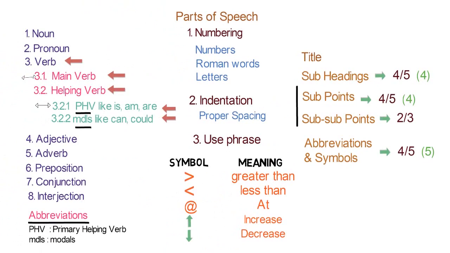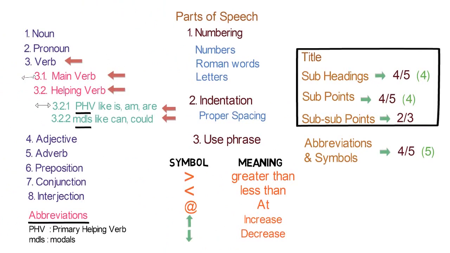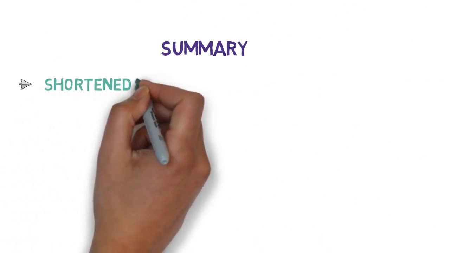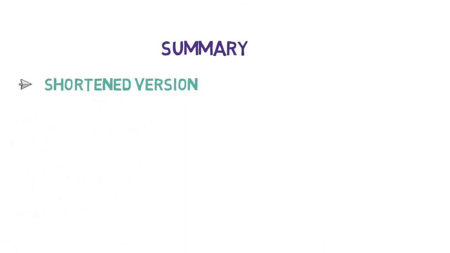So we added 2 elements here. Number 1, the actual notes, and number 2, the description of abbreviations and symbols used in the notes. The last element that needs to be added is number 3, summary. It is a shortened or condensed version of the actual article.